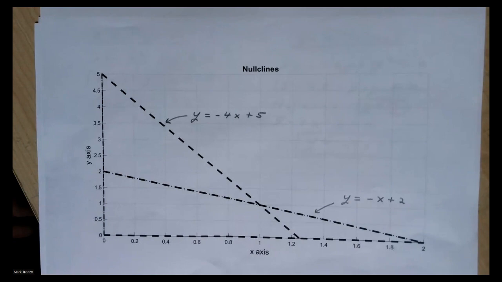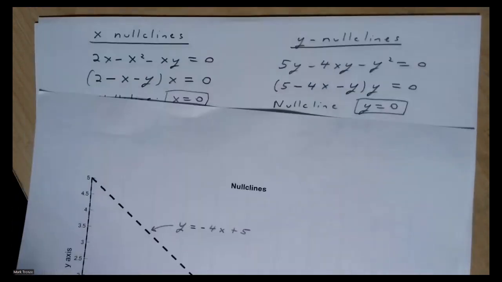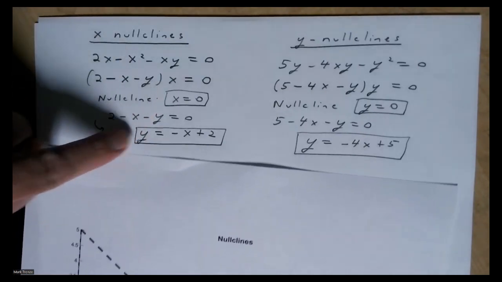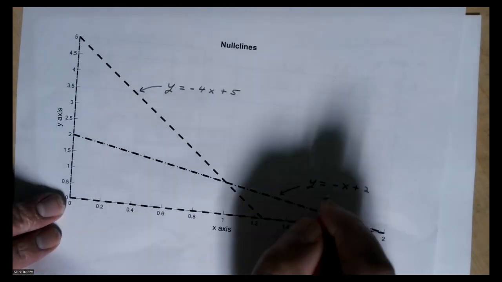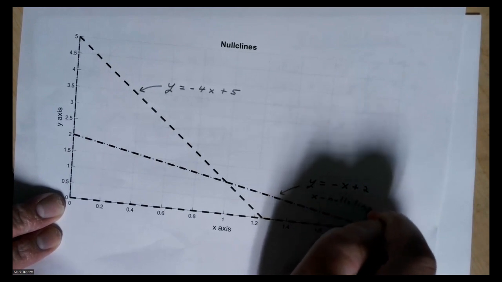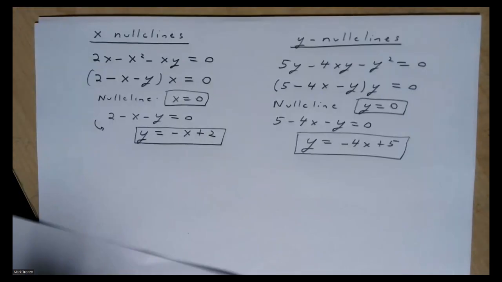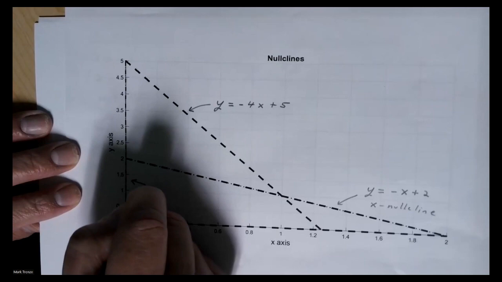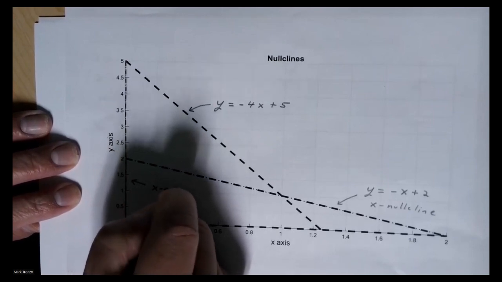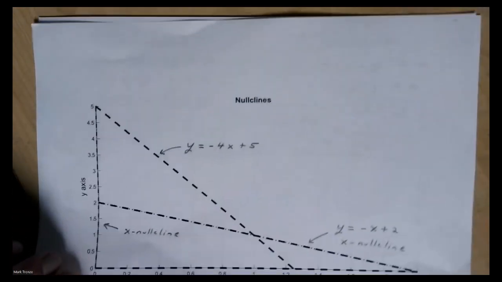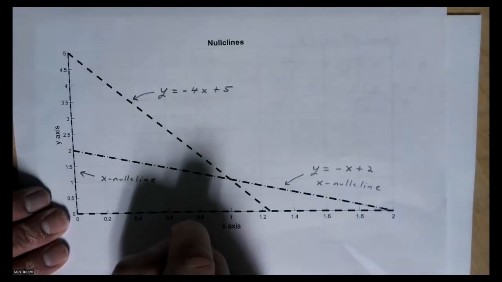That's this line here. Now let's mark these temporarily. The x nullclines: this one is an x nullcline, and also notice that x equals 0 is an x nullcline, so let me mark it over here. And then finally, y equals 0 was a y nullcline, which would be down here.